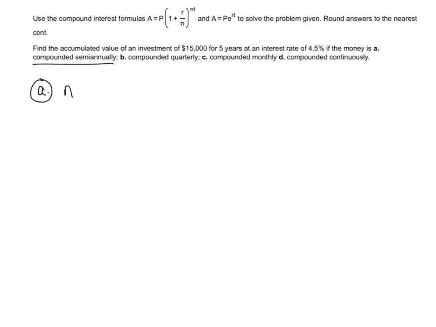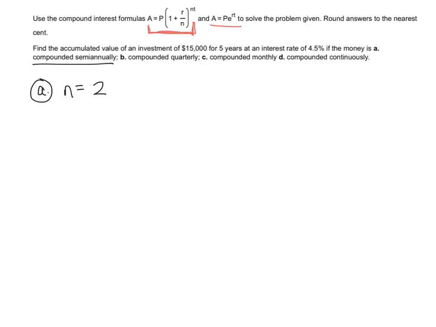And N represents the number of compounding periods in our formula, so N is going to be 2. Now we're going to use this first formula because the second formula is only for compounding continuously. All other compounded scenarios are going to fall under this first formula.